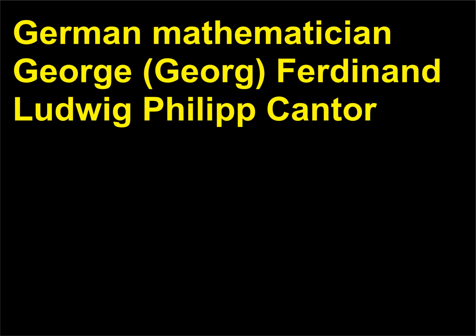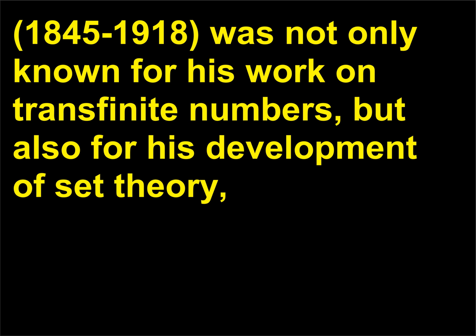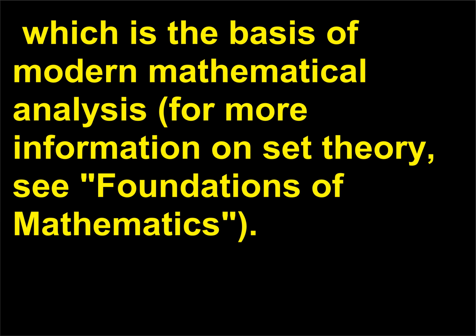Who first developed set theory? German mathematician Georg Ferdinand Ludwig Philipp Cantor, 1845 to 1918, was not only known for his work on transfinite numbers, but also for his development of set theory, which is the basis of modern mathematical analysis.